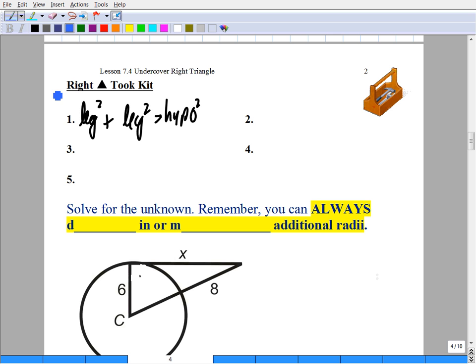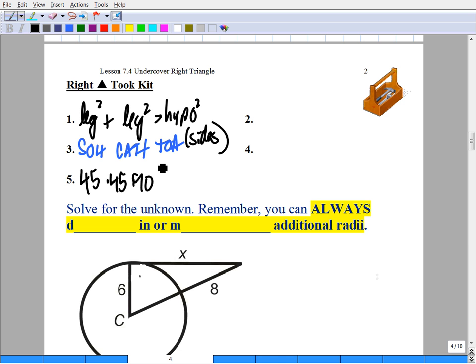Jordan, give me another one. Yes. And that we use to find sides in right triangles. Okay? Ready? Jessica, give me another one. Okay, so 45. Yes, 45, 45, 90. Okay, you want to give me another one, Jimmy?